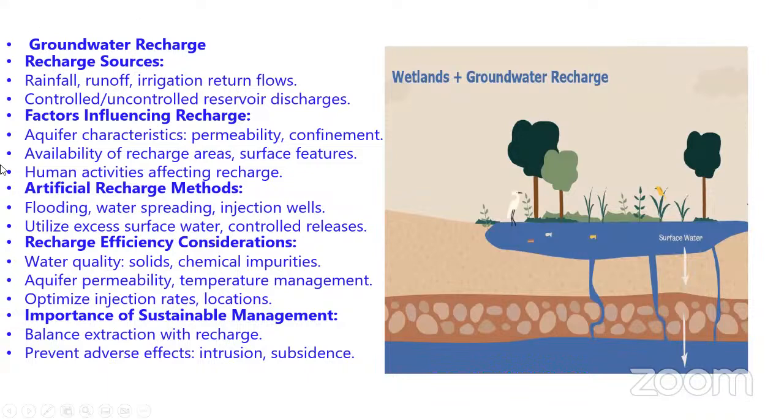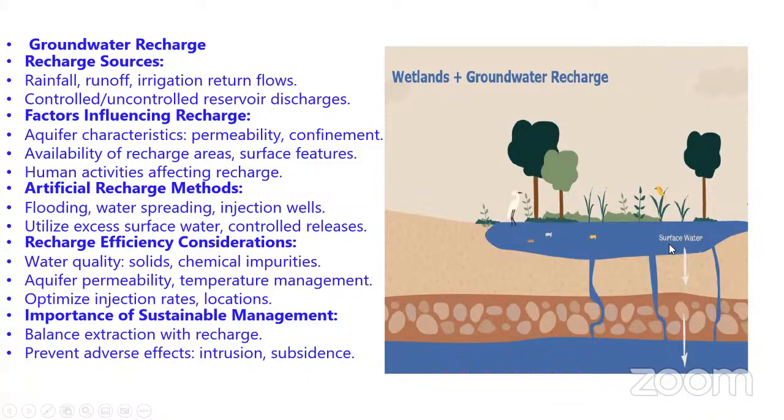In this image, you can observe the wetlands, groundwater, and natural process. These are the different types of pore spaces, and from lakes, it is getting recharged into pore spaces due to gravity forces.